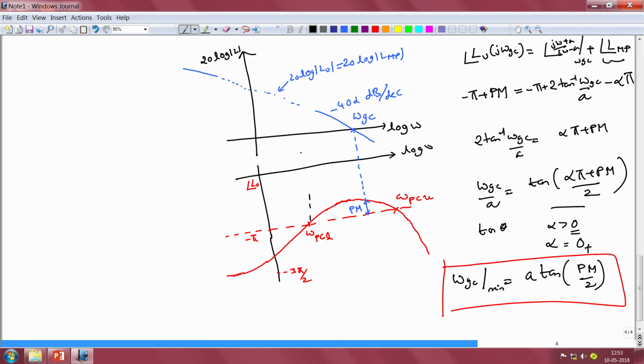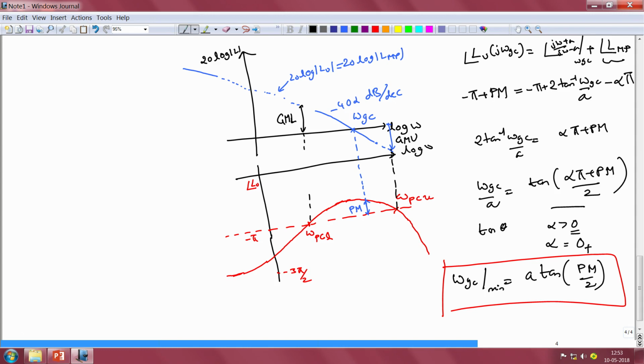One is the gain margin at omega Pc lower, which we can call GML, and another is the gain margin at omega Pc upper, the negative of the gain at the frequency omega Pcu, which we can call gain margin upper. So, there are two gain margins, and we need to make sure that both of these gain margins, assuming that they exist, are greater than 0 dB.